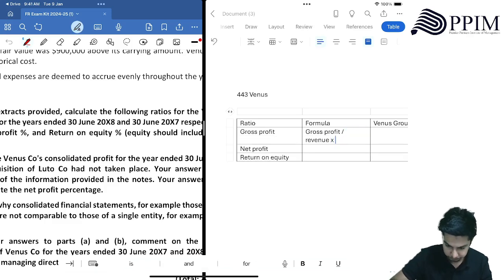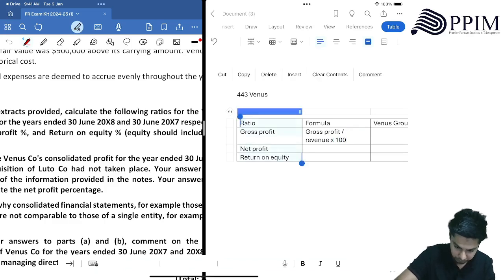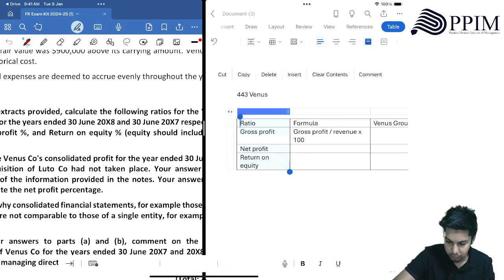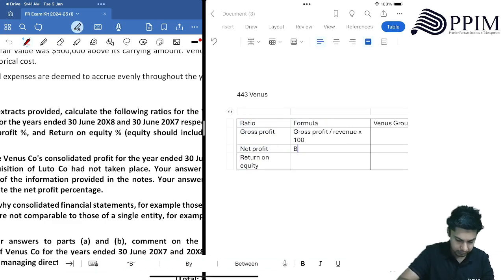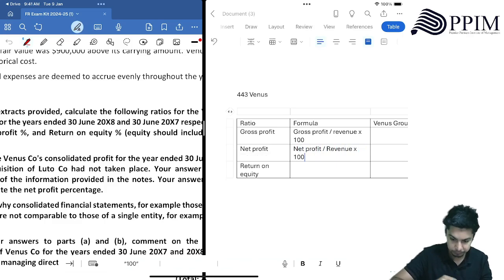Then net profit divided by revenue into 100. What's the last one? They are asking return on equity: net profit divided by revenue into 100. Sorry, not revenue, divided by equity into 100.